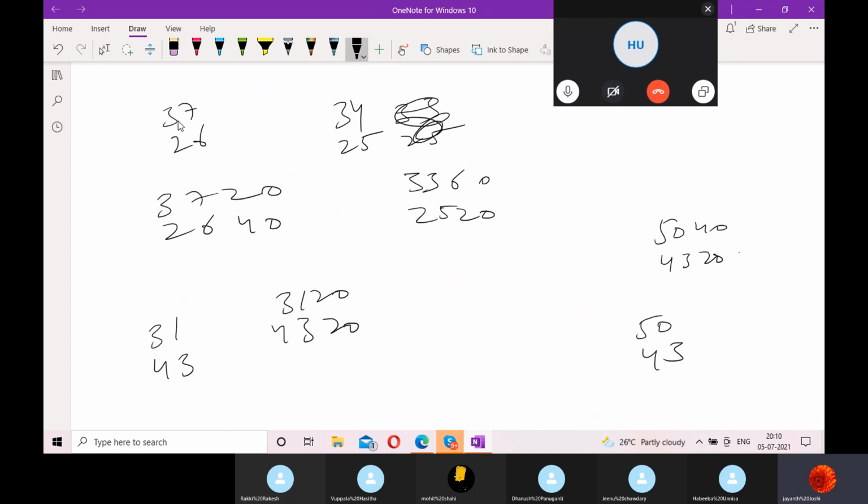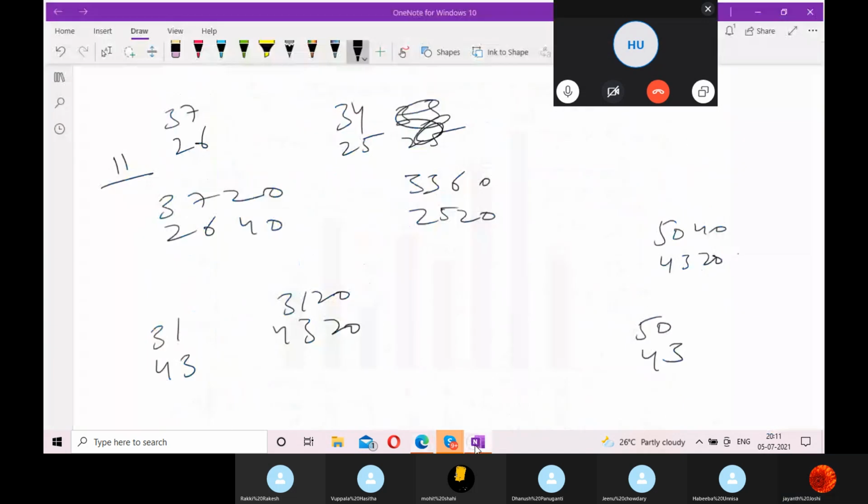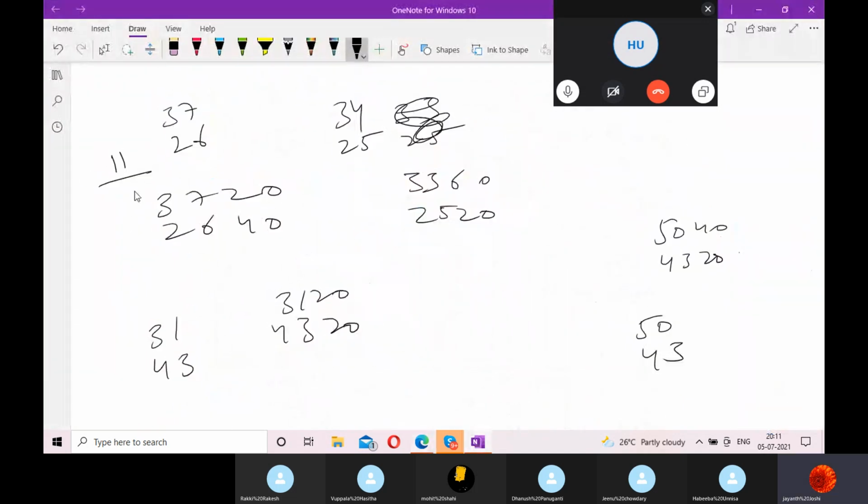So 37 minus 26 is 11, so 11 by 26. This one is the first one. Here 25 and 34, the difference is 9, so 9 by 25. Second one.